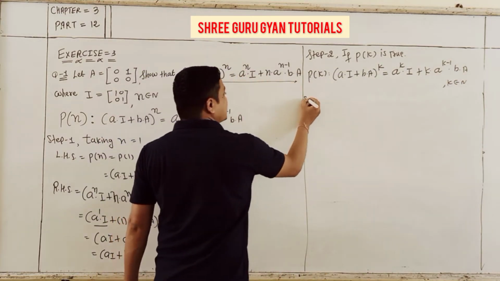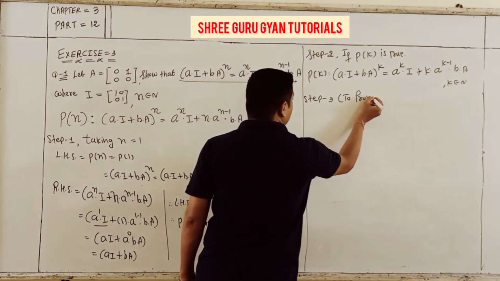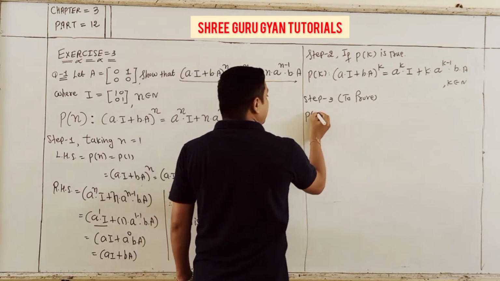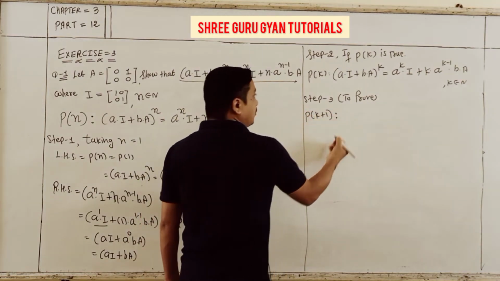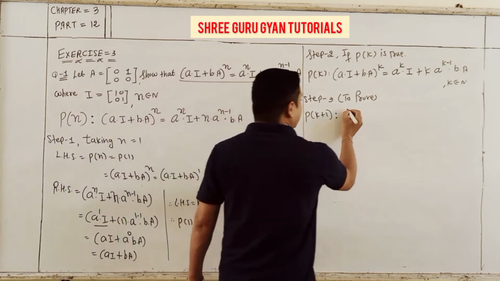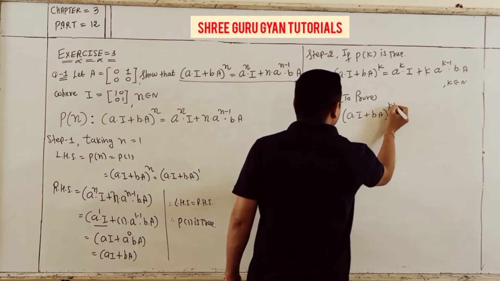Now students, we are going to step 3, which is to prove. In our proof we apply P(k+1). Whenever you have k, you should write k+1. So here (aI + bA)^(k+1).